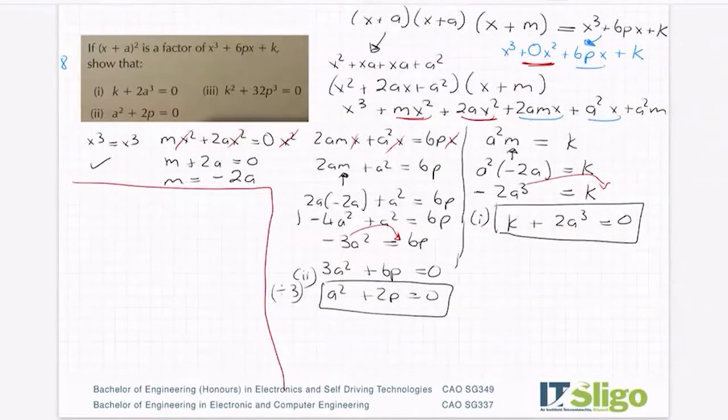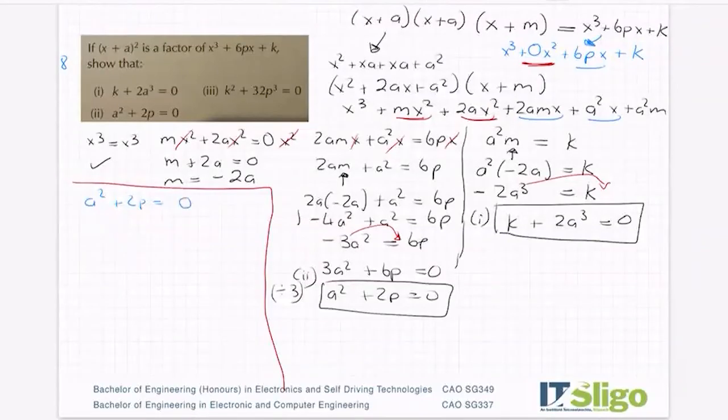So from here, it doesn't really matter where I started, but maybe a squared plus 2p is equal to 0. 2p is equal to minus a squared. No, let me reverse that now.